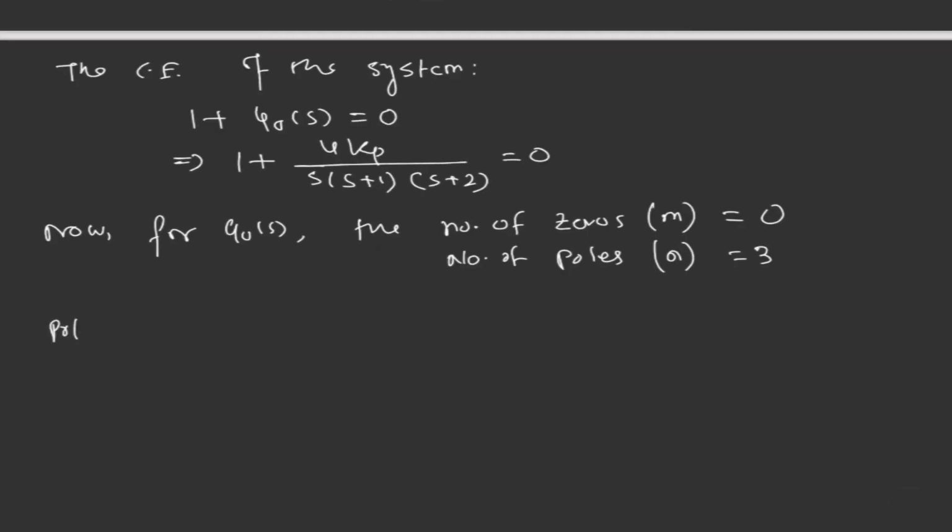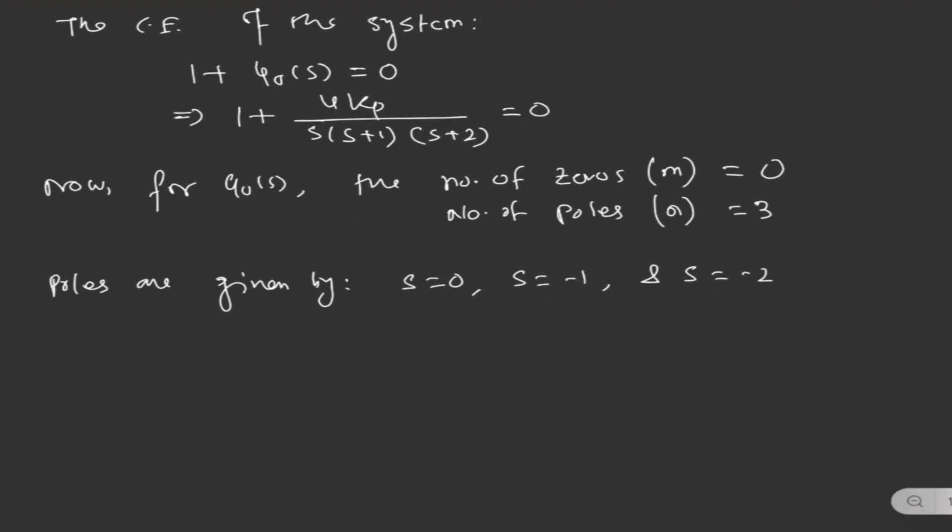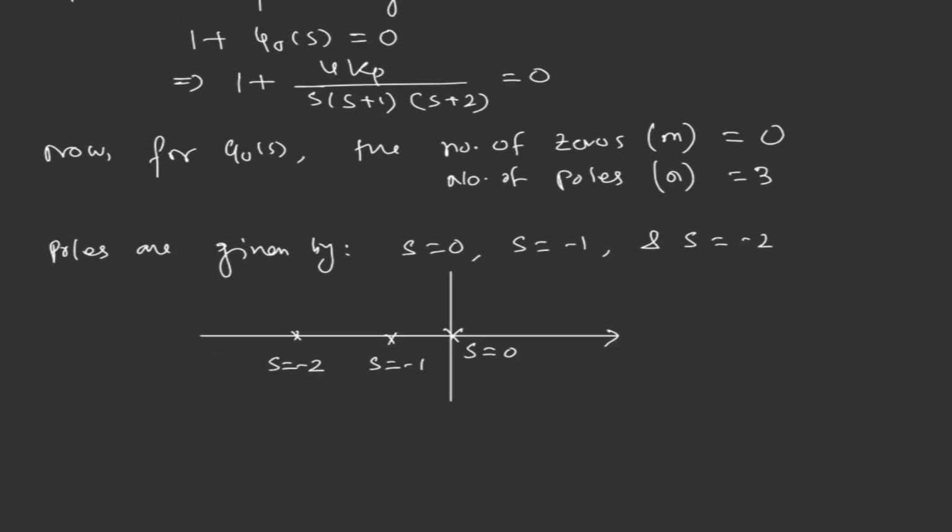The poles are given by s equal to 0, s equal to -1, and s equal to -2. We can mark the location of the poles in the s plane: here s equal to 0, here s equal to -1, and s equal to -2, with the real part of s and the imaginary part of s as axes.